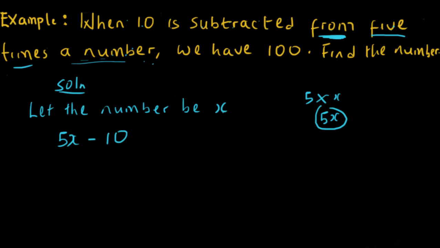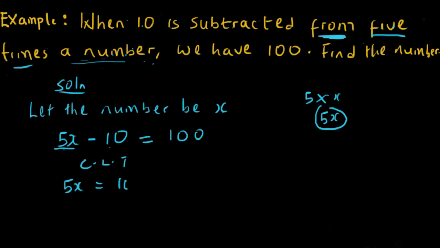When 10 is subtracted from 5 times a number, we have 100, so equals to 100. Does this make sense? So when 10 is subtracted from, we are subtracting 10 from what? 5 times a number.